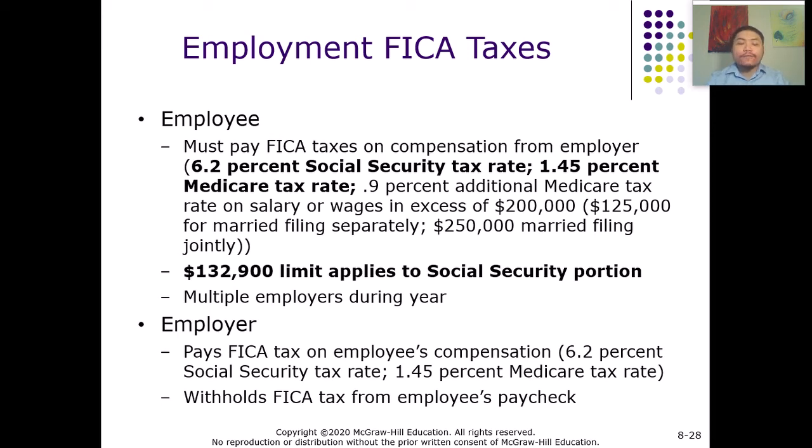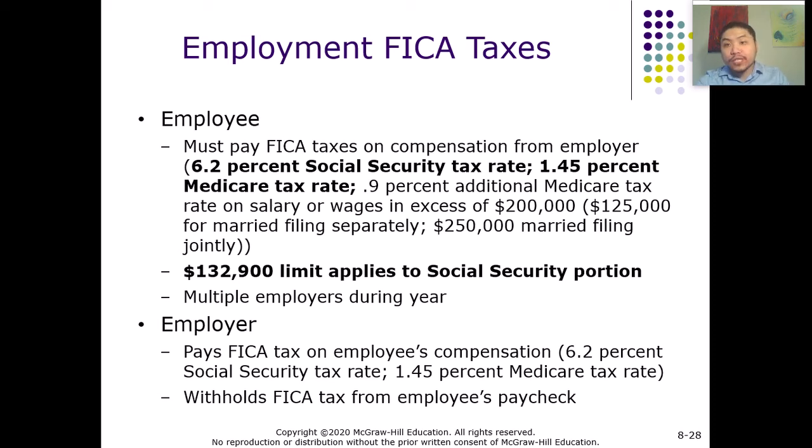So again, for FICA taxes, just remember that the employee and the employer each have to pay their share, which is exactly the same. For Social Security tax, the tax rate is 6.2%, and for Medicare tax, the tax rate is 1.45%.